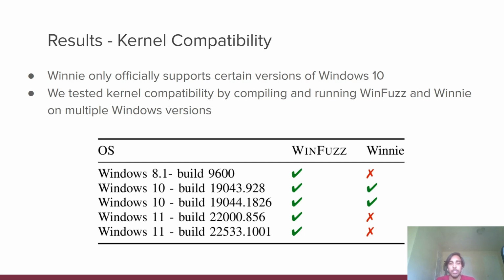And WinFuzz built and ran perfectly on Windows 8, different builds of Windows 10, as well as different builds of Windows 11. However, Winnie could only run on 2 specific builds of Windows 10. The developers of Winnie also state that they only claim correct behavior of Winnie on a specific build of Windows 10. So Winnie is not kernel agnostic.